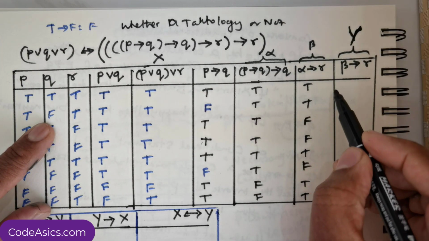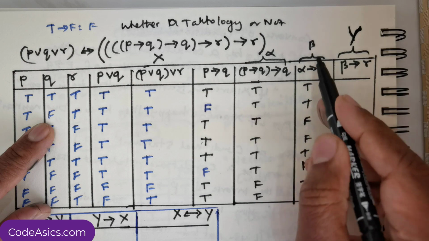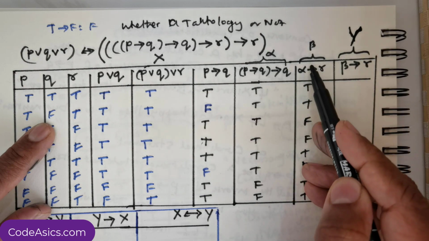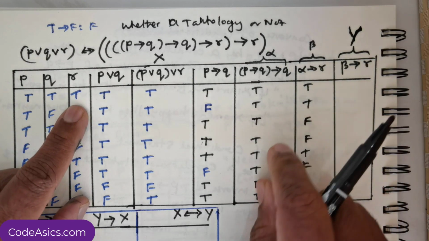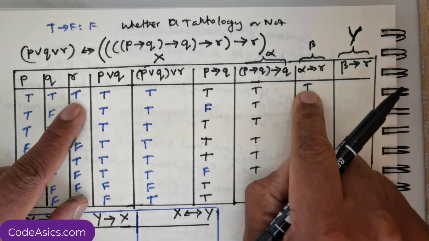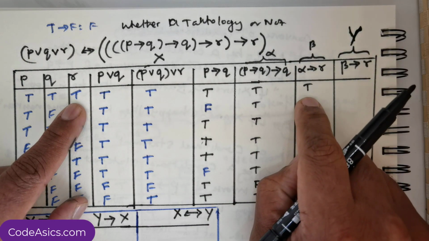Now I need to have a conditional link between beta and R, right? So this is beta.